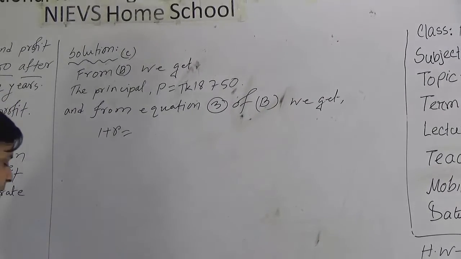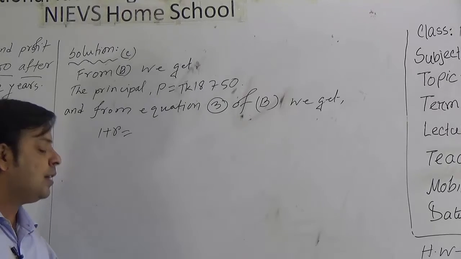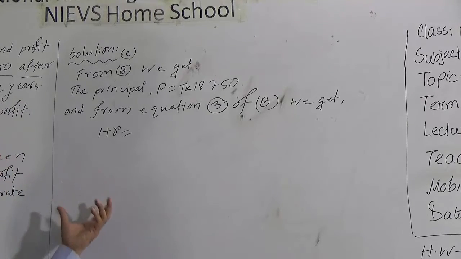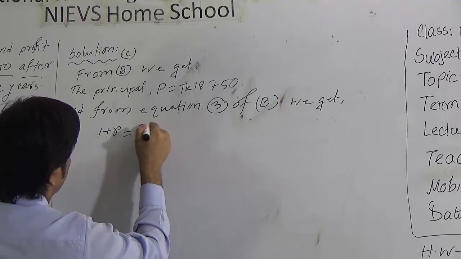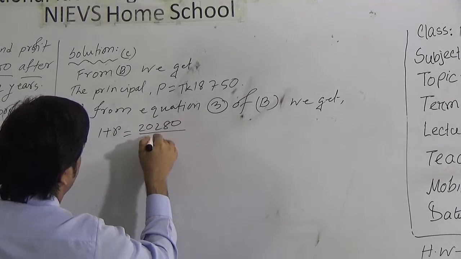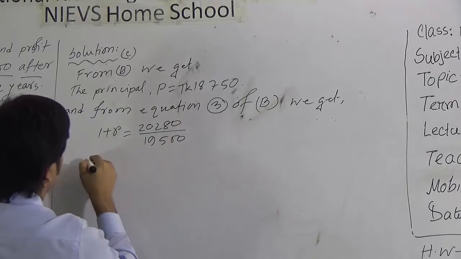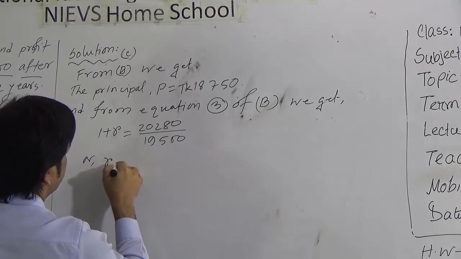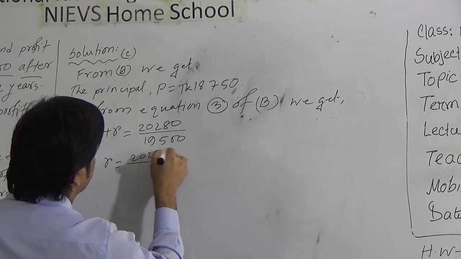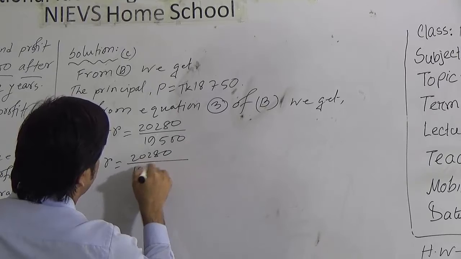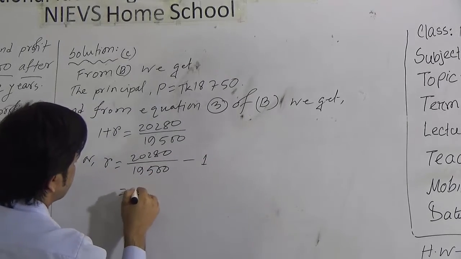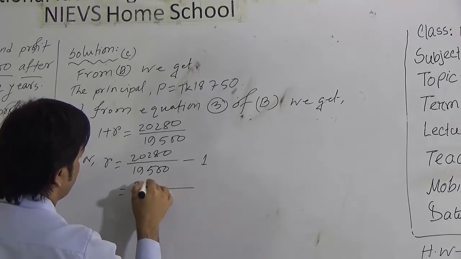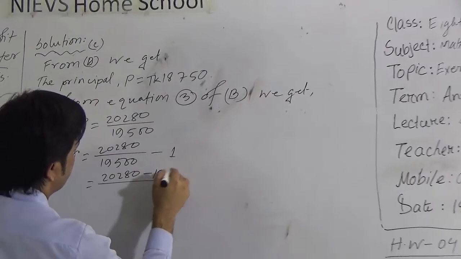We just know 1 plus R equal to this fraction in part B. So using this we can determine the rate of profit: 1 plus R equal to 20280 divided by 19500, or R equal to 20280 over 19500 minus 1.